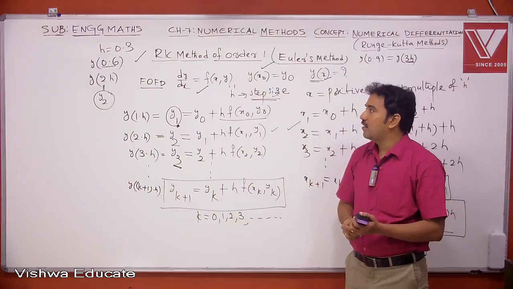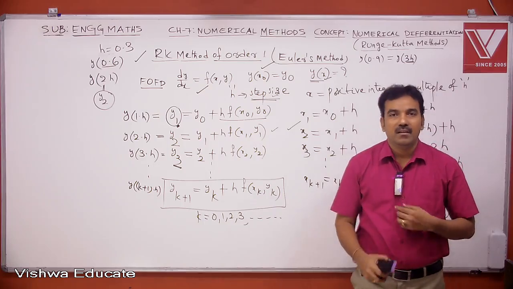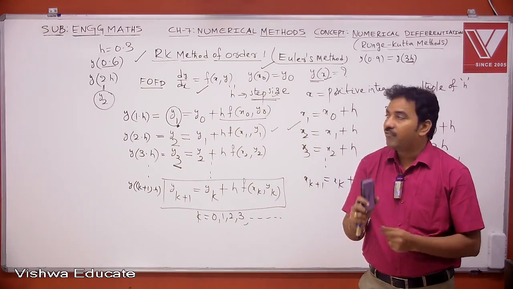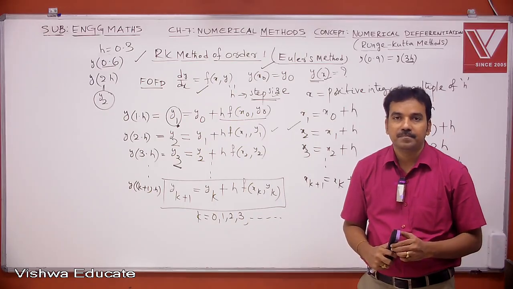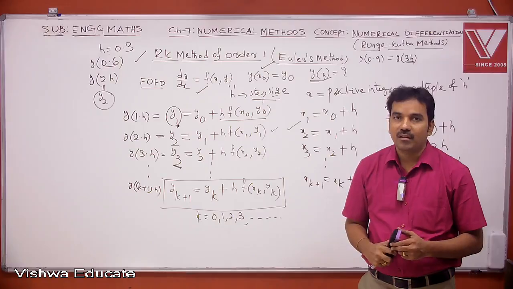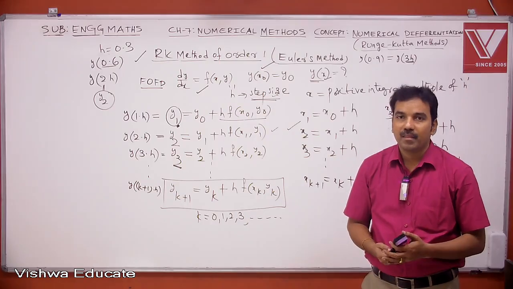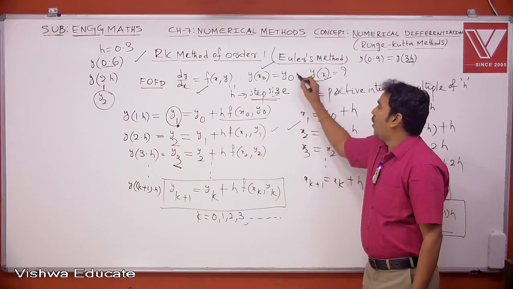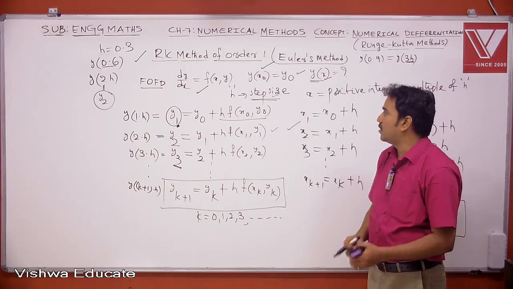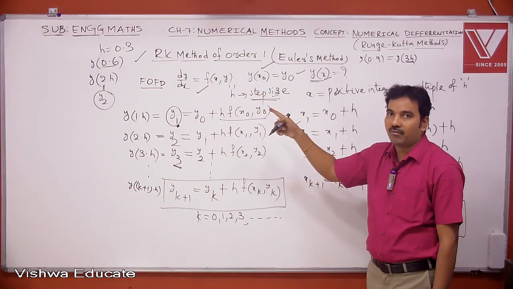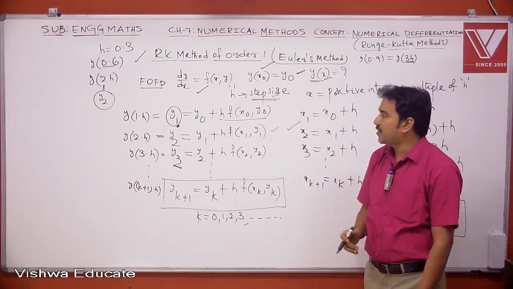Consider a first order and first degree differential equation dy by dx equal to f of x comma y, with initial condition y of x naught equal to y naught, and a step size h.